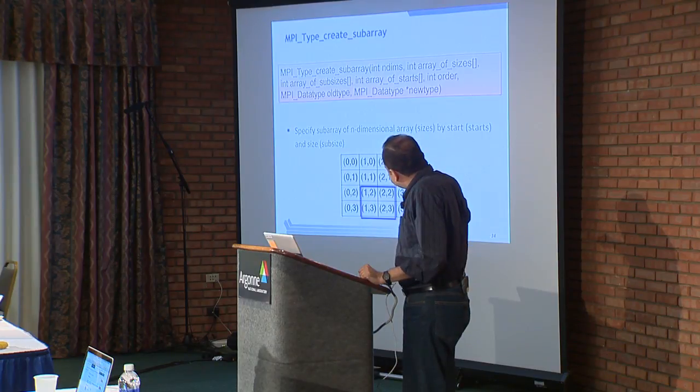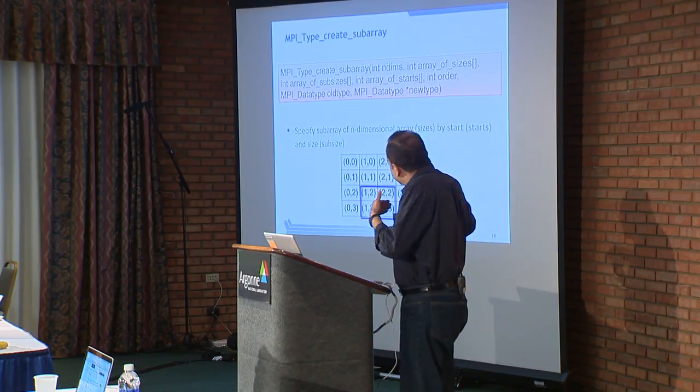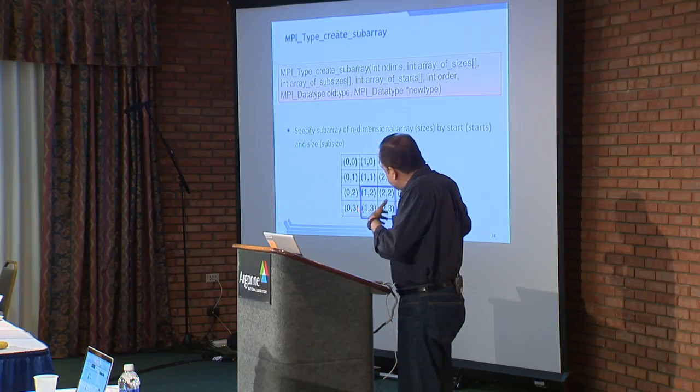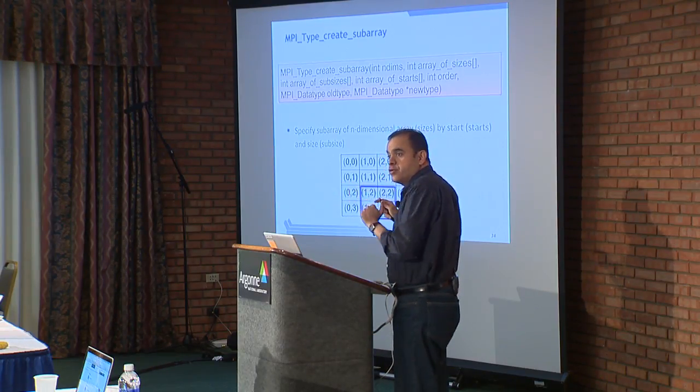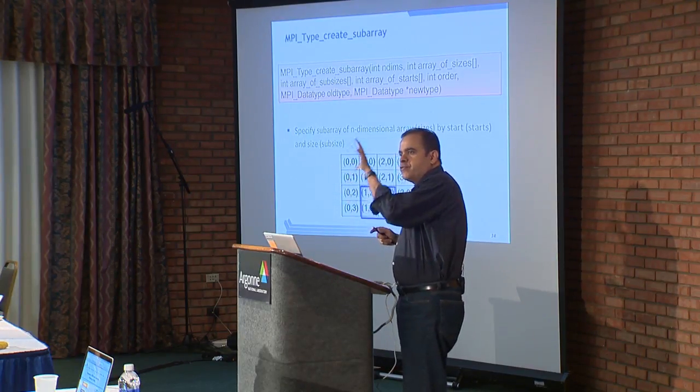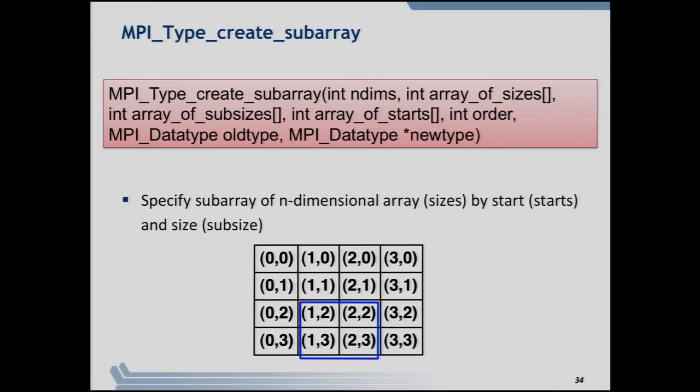So this is a convenience function where, let's say you want some subarray of a bigger array, and this can be for any number of dimensions. You can describe that in terms of array notation. This takes the number of dimensions of the array, and the global size of the array in each dimension.